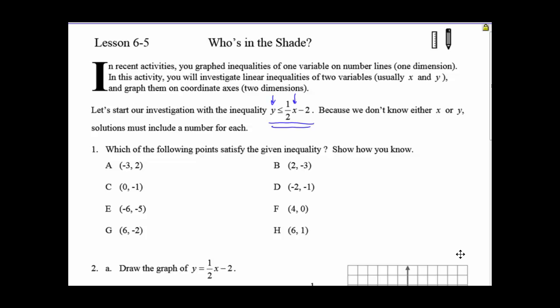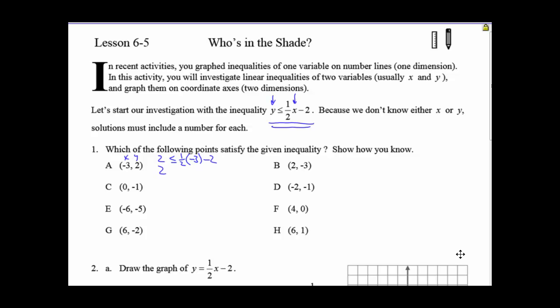Okay? So number one, we want to ask, which of the following points satisfy the given inequality? Show how we know. What we're going to do is input our x and our y into the inequality. So we know our 2 is the y, which is less than or equal to 1/2 times the negative 3 minus 2.